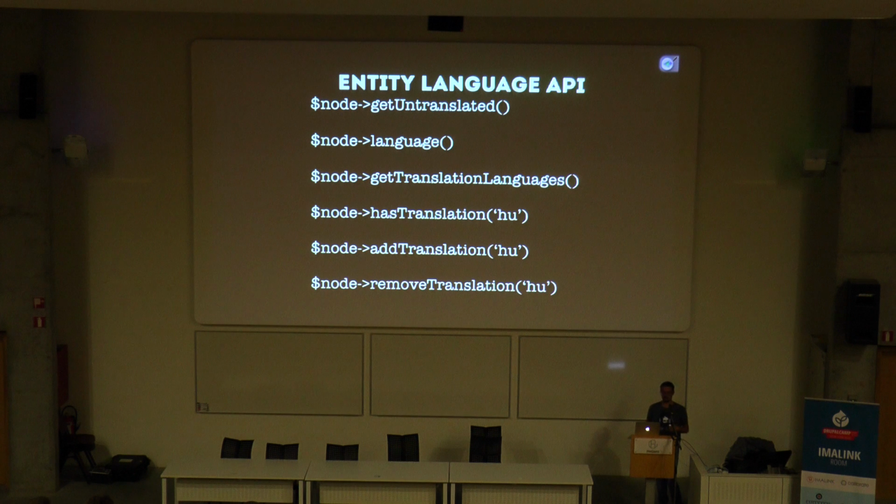And your entities are actually clever objects, so they know things about language, so you can get the translated version of your node. So you get the source node, or you can call the language method and get the language this node is in, or the current translation is in, or you can check which languages this node is translated to, so you can call the node getTranslationLanguages method, or ask if there's a translation, add a new translation, or you can remove translations from the APIs.